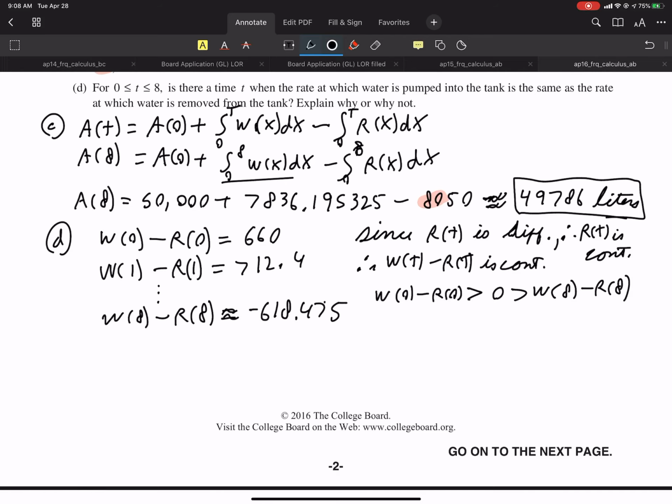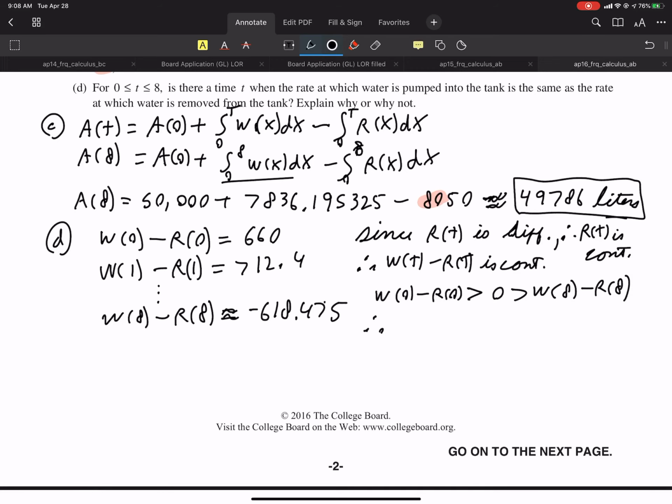So here's the logic. It's positive here, negative over here. So if a function goes from a positive value to a negative value, it has to cross 0. That's the intermediate value theorem.